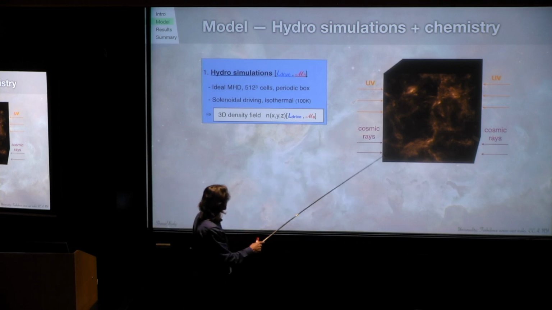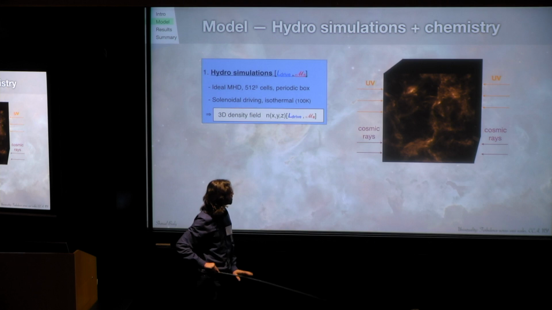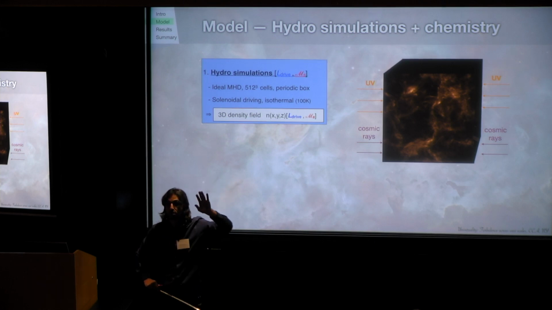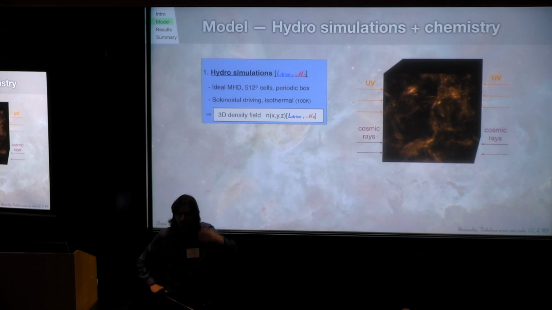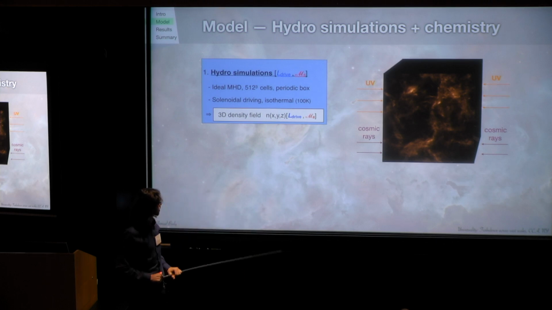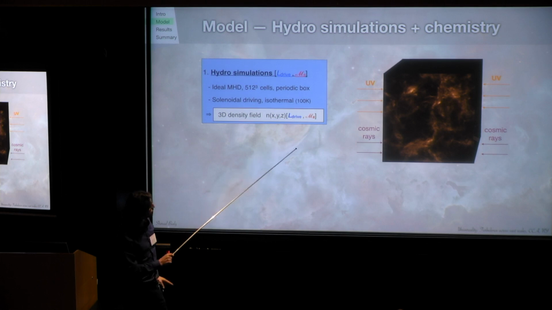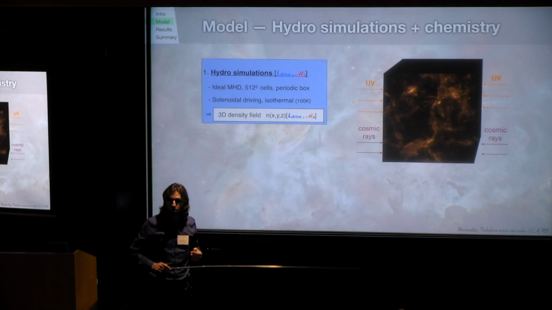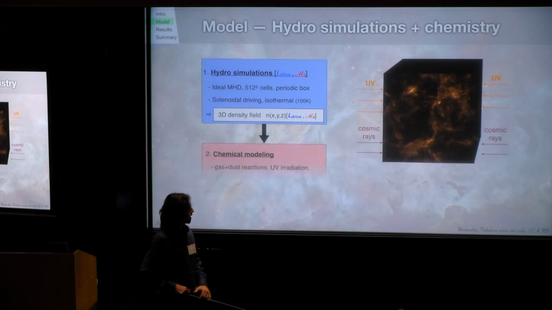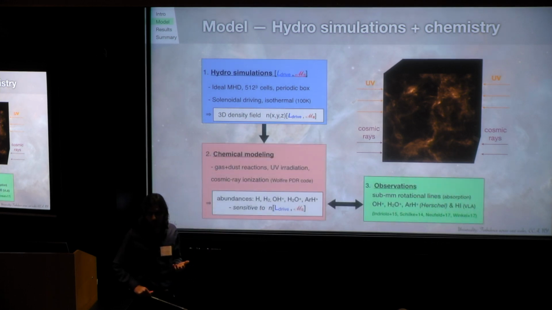So this is an image of the density field when integrated along one axis. Let's call it the line of sight, what you'd see if you have a telescope pointing into this turbulent box. Now, we assume there's UV light irradiating this simulation, and cosmic rays also. And now we solve a model of chemical reactions.